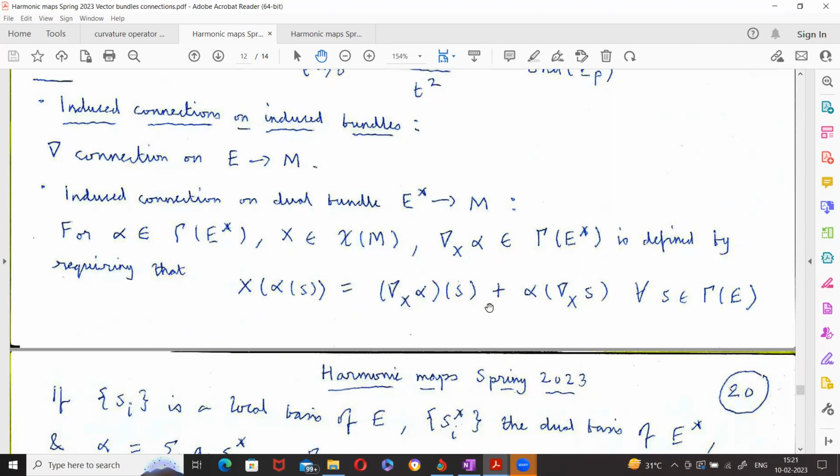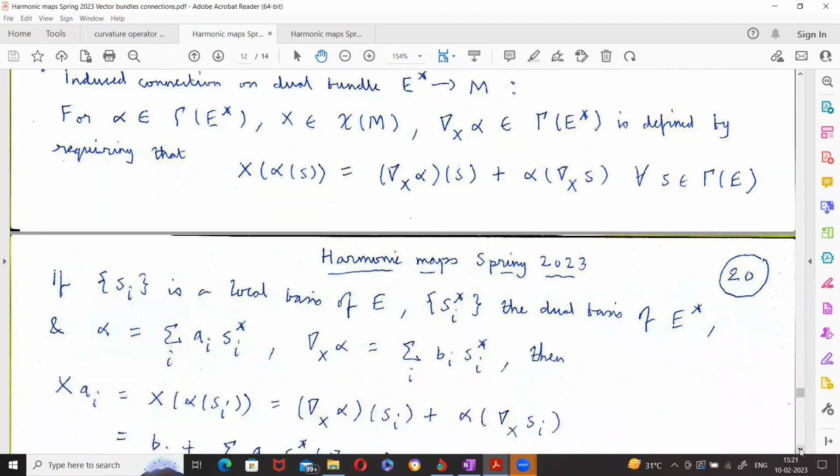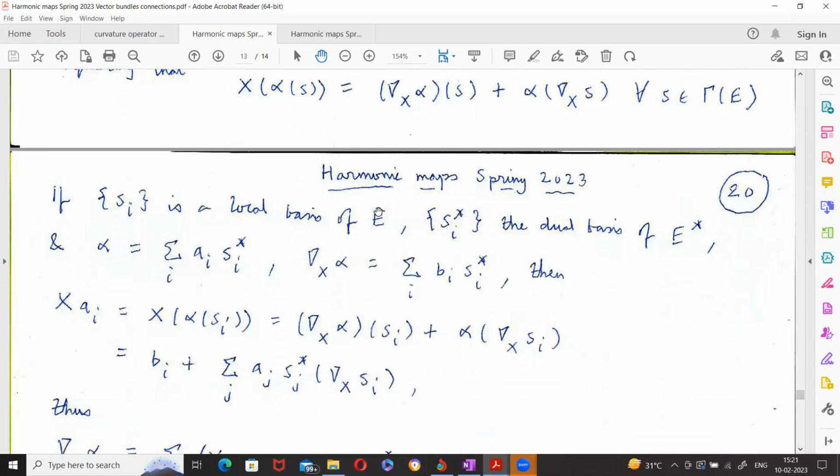So let's see that if we had such a connection, what does it look like with respect to a local basis of sections? So suppose S_i is a local basis of E, then S_i star I can take at each point the dual basis. That will be a dual basis of E star.